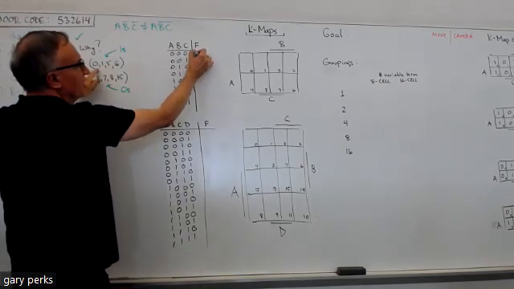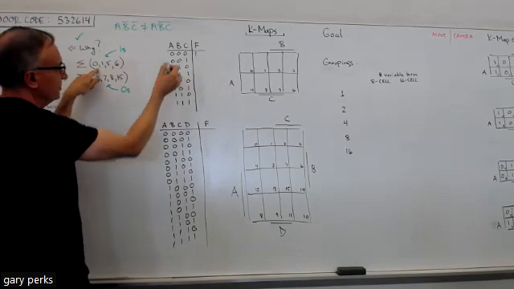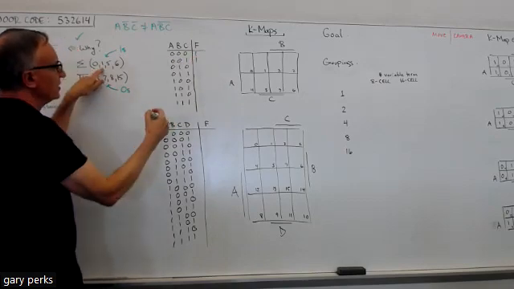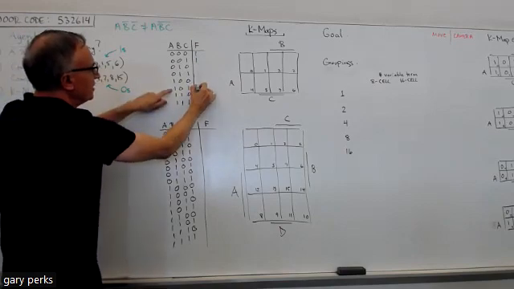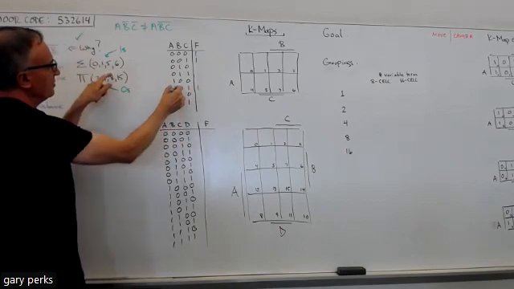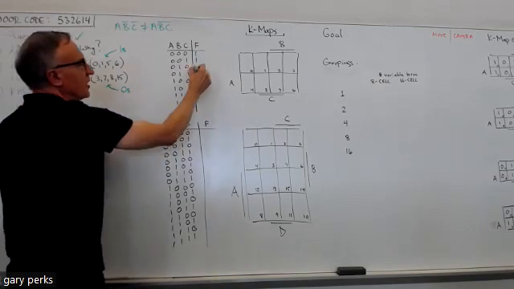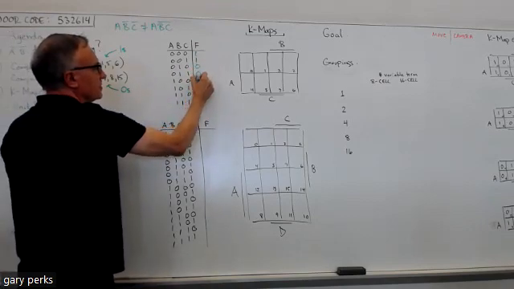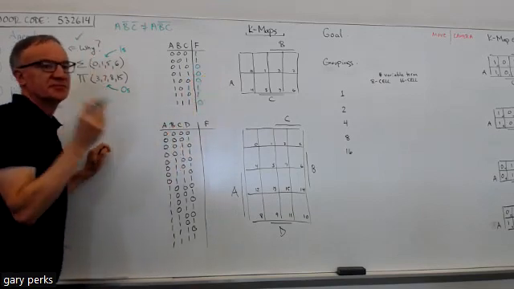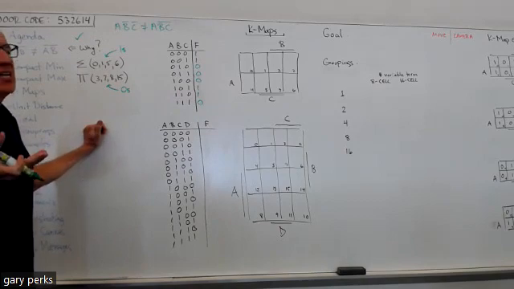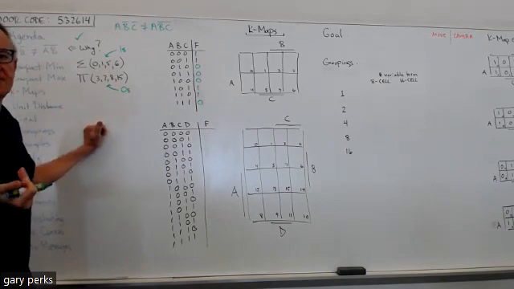So I would just put a 1 here for input of 0, a 1 here for an input of 1, a 1 here for an input of 5, and a 1 here for an input of 6, and then the rest would just be zeros. So the compact min form is just like shorthand for the ones in a truth table.